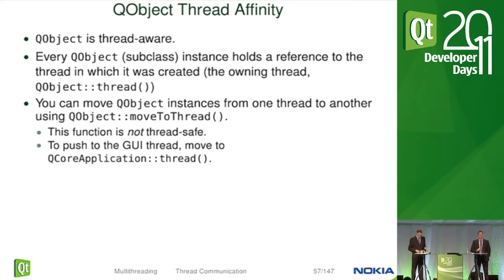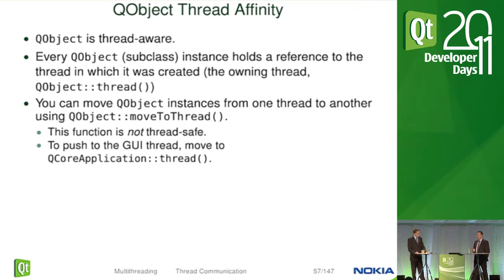First, we need to know, why are we into this game at all? And we are into this game of objects belonging to a thread because new in Qt 4, welcome to the world of Qt 4. That was only like 10 people that was in the world of Qt 3, but for those 10 people. Back then, it was not possible to have a signal slot connection across threads. Right.